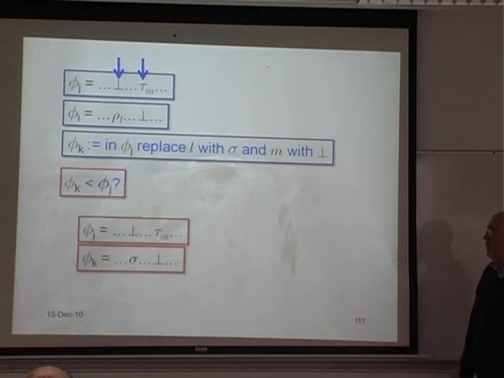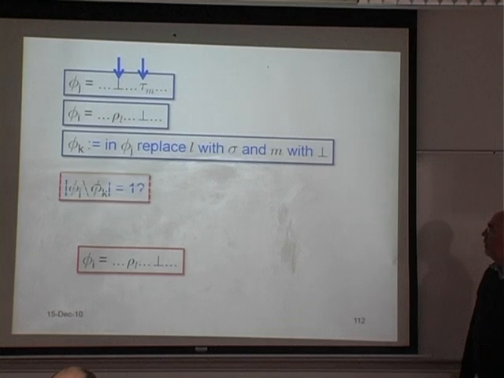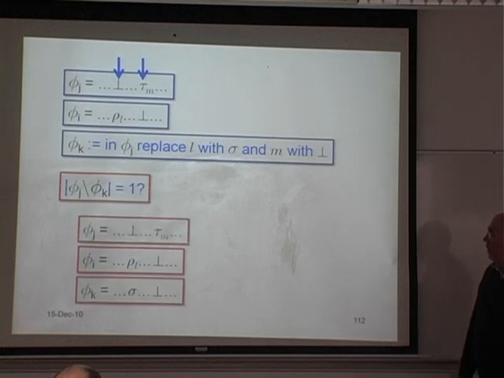How do we know it's less? Well, if we do the comparison here, then we know that sigma is less than bottom. And that's the first symbol where they're different. So we're okay. How do we know that it's minus 1?